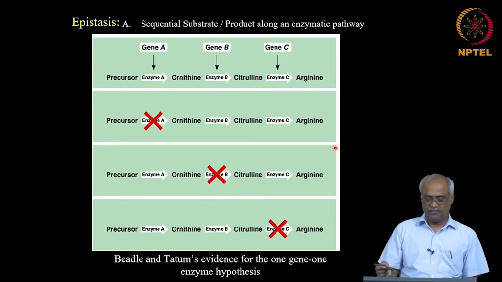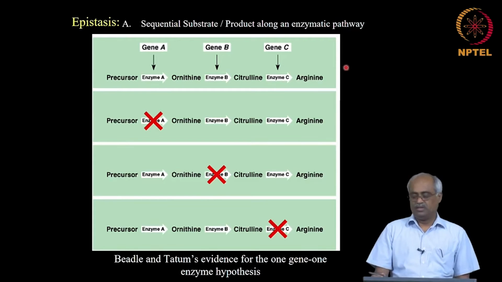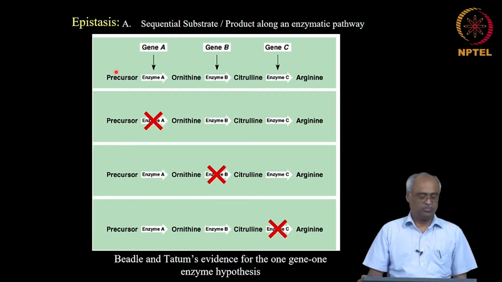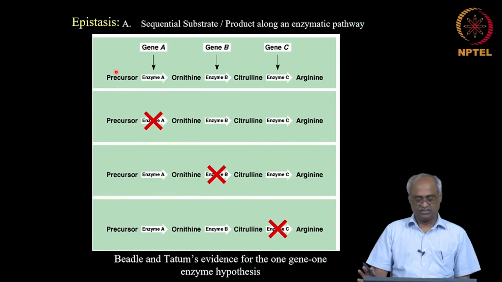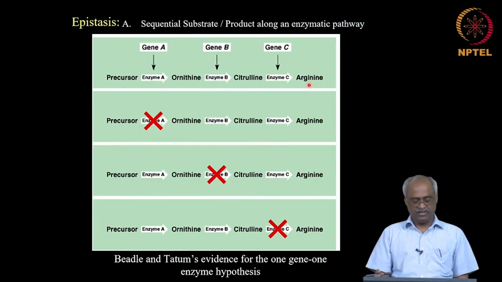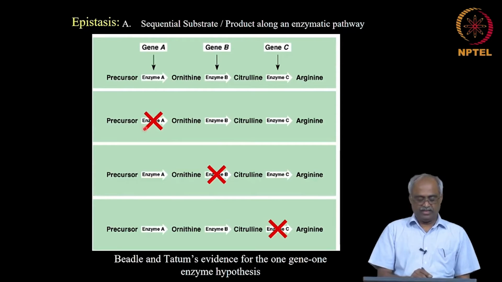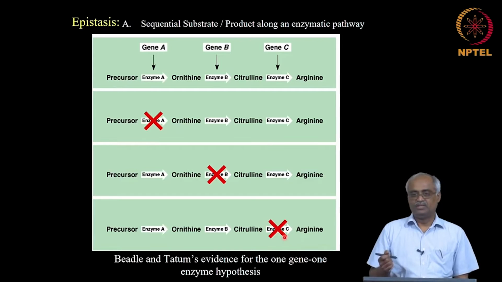For example, wild type grows as long as you have some ammonia, some nitrogen source, a precursor, then from that it can make the intermediates to make this amino acid arginine, right. But let us say you have 3 steps here and enzyme A is mutated, then that would grow only if you provide ornithine or citrulline or arginine, precursor will not be enough, and so on for the other 2 mutations.